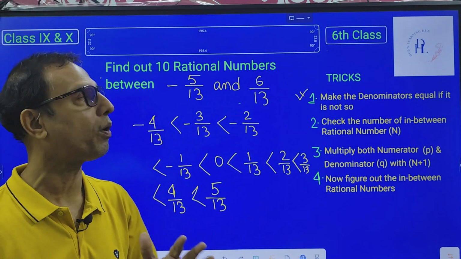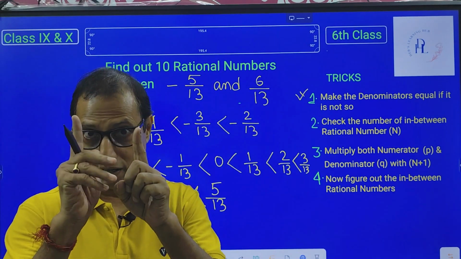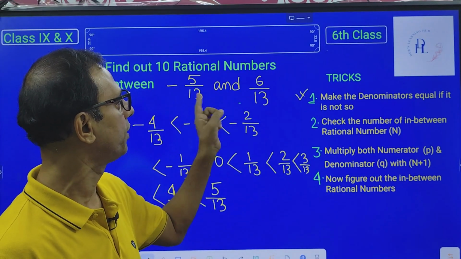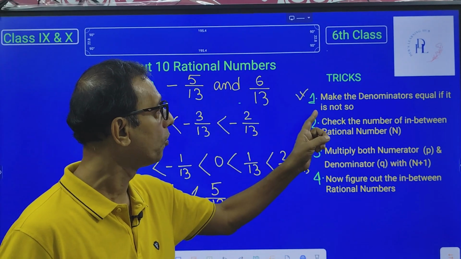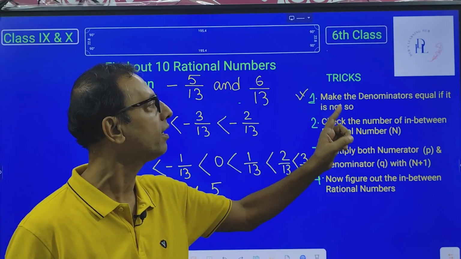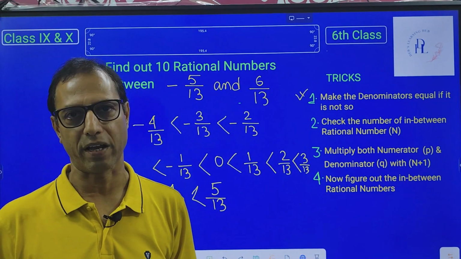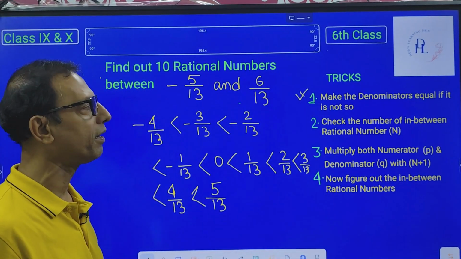So that is what you need to see when it is a negative and positive number. One number is negative, one number is positive. You need to first check whether you need to multiply this at all or not. But आपको ये तो देखना ही पड़ेगा जो make the denominators equal, otherwise you cannot compare two fractions. So these steps you need to remember.